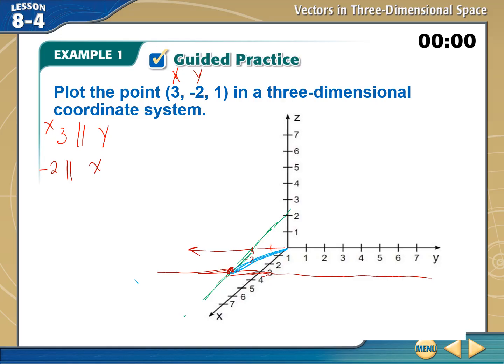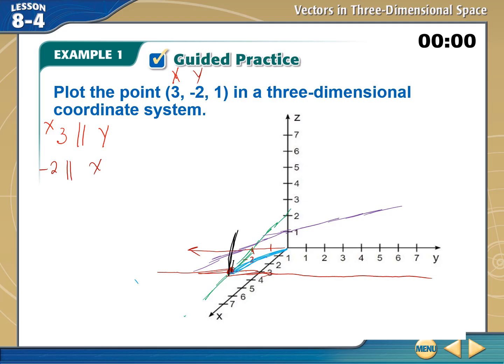What after that? Where is the z point? So z is on 1. Make a line which is parallel to this blue line. But that is not our answer, because wherever these three lines, red, blue and green, are meeting, from there you make a line parallel to the z-axis, which is a straight line.